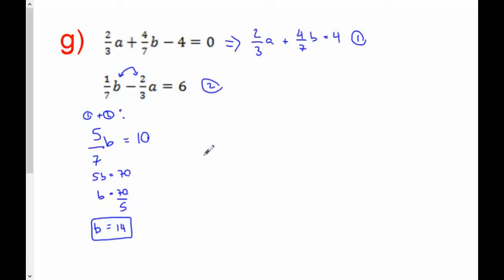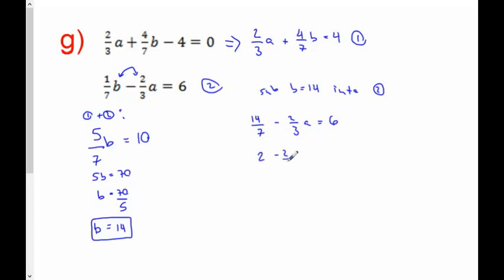Now I need to sub b equals 14 into one of the equations. I'm going to pick equation 2, just because the coefficient here on b is smaller. So let's sub b equals 14 into equation 2. So I'm going to end up with 14 over 7 minus 2 over 3a equals 6. 14 over 7, well, that's just 2.